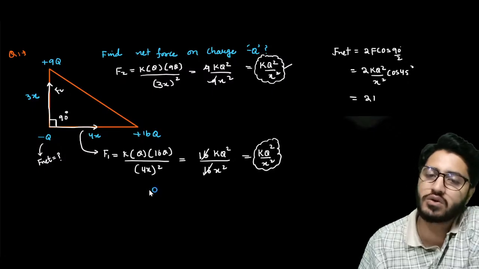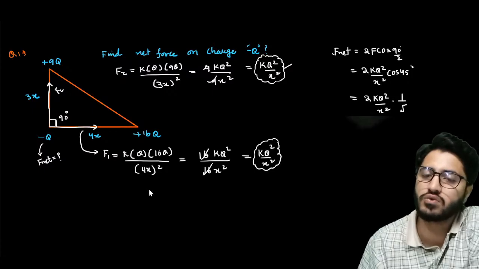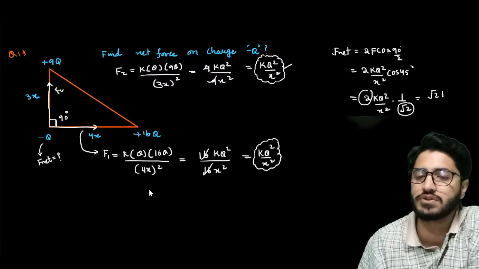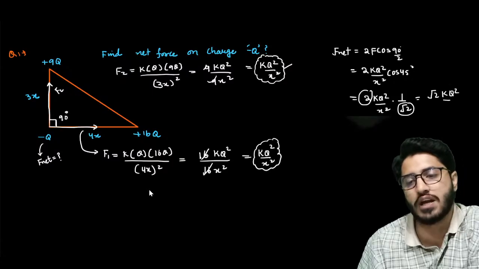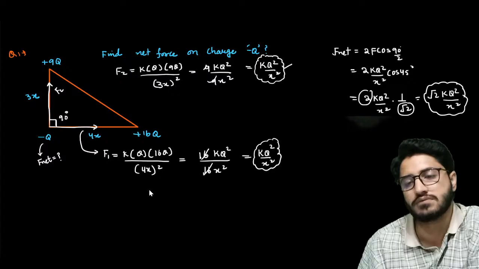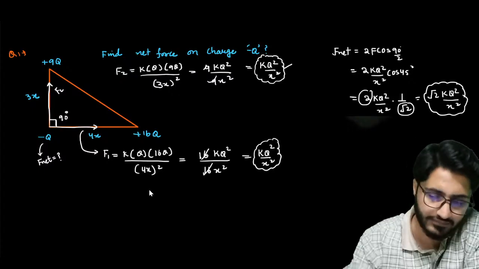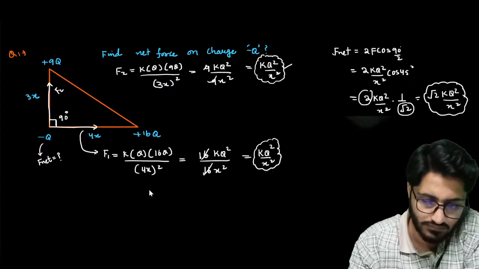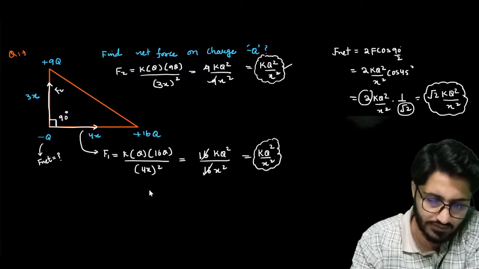So I can write here 2kq square by x square, cos 45 is 1 by root 2. So 2 divided by root 2 equals root 2. I can write it is root 2 times kq square divided by x square. Clear? Easy, no?